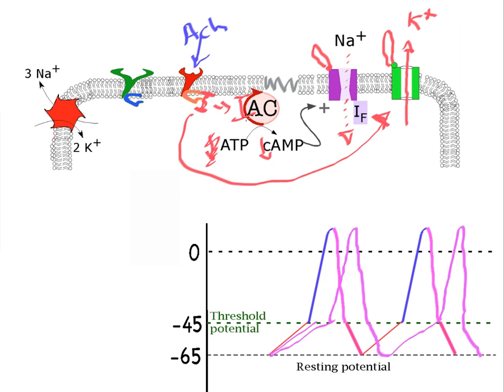So to review, acetylcholine causes a change in shape of the receptor for acetylcholine. The inhibitory G protein slows down adenylate cyclase activity so that less cyclic AMP is being made per unit time.